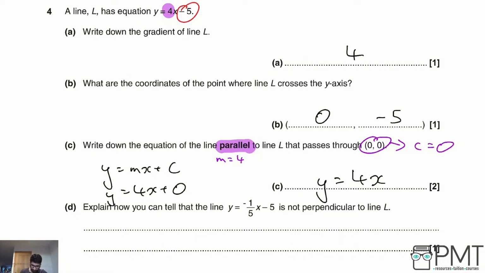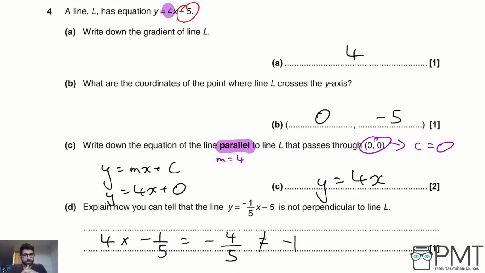So you can write either of them, but I will say the gradient of the first one, 4, multiplied by -1/5 is -4/5, and that is not equal to -1. So that's what you would need to write to explain that they're not perpendicular.